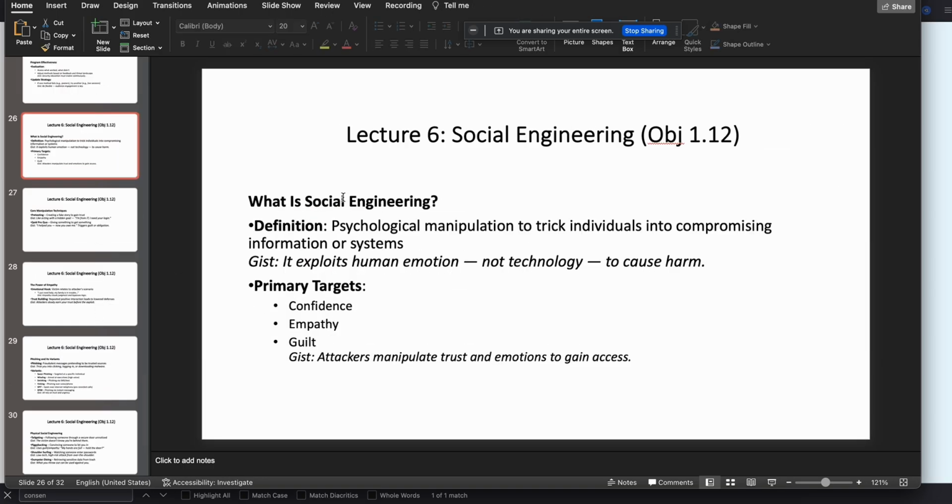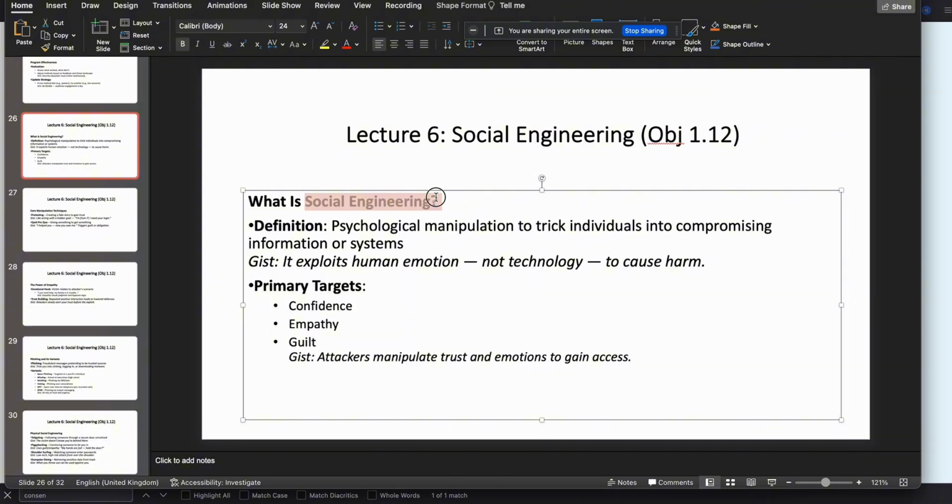I'm sure you definitely know what social engineering is. Social engineering is psychological manipulation to trick individuals into compromising information systems. Lottery scams, credit card scams, a lot of scams happen due to social engineering, because they try to trick the user. And you know what the main reason for social engineering is?